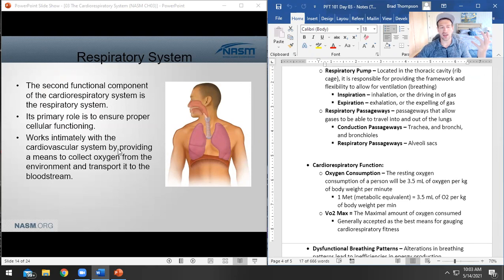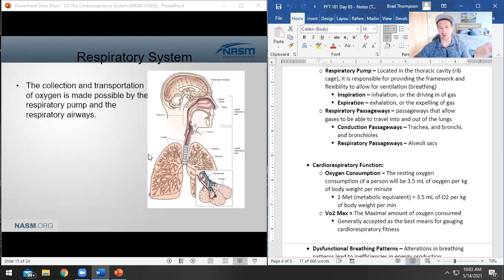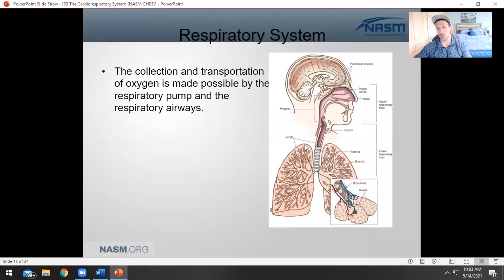So we're going to go ahead and divide your respiratory system into two primary divisions. You have your respiratory pump, which is in charge of creating pressure, and your respiratory passageways, which is where the gases are traveling and being exchanged. You can see here your lungs, and then you would have your rib cage covering this.